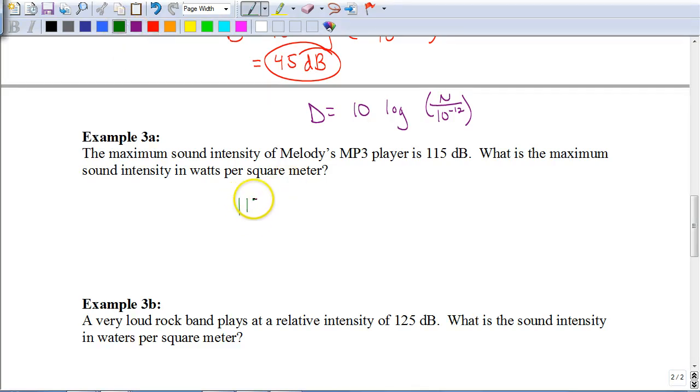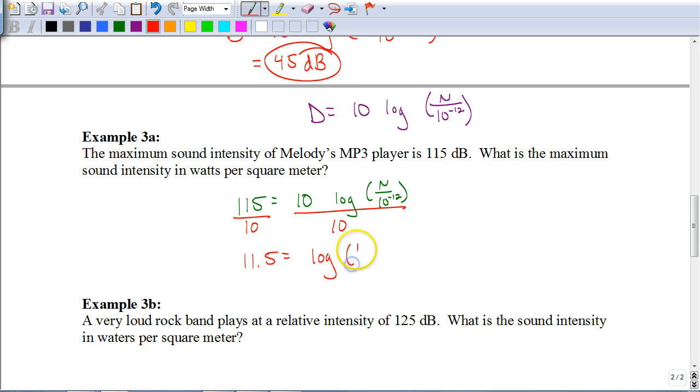So 115 equals 10 times a log of n divided by 10 to the negative 12th. Now I want to get the logarithm by itself, so I'm going to divide both sides by 10. When you do that, you get 11.5 equals the log of n divided by 10 to the negative 12th power.